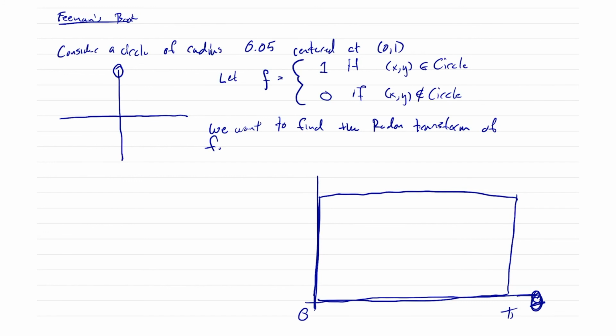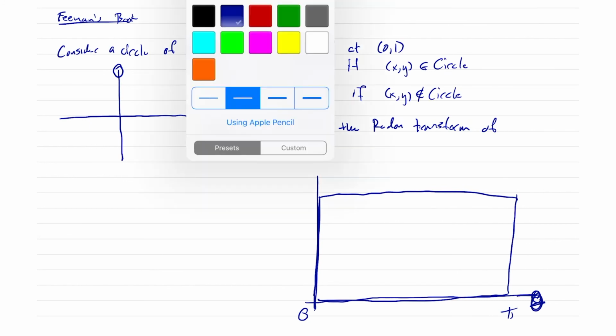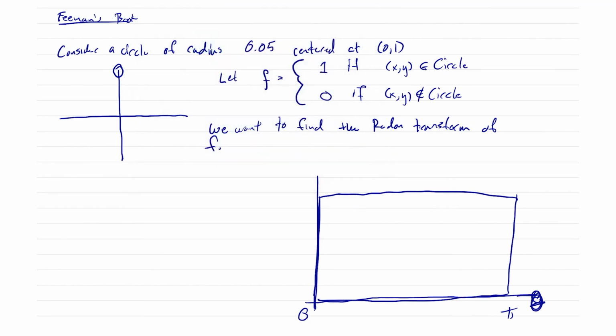So what we're going to do is pick some arbitrary value of theta. Let's do this in a different color, pink, I guess. So we're going to pick a theta. And then the question is, we want to know when we're going to intersect the center of that circle.